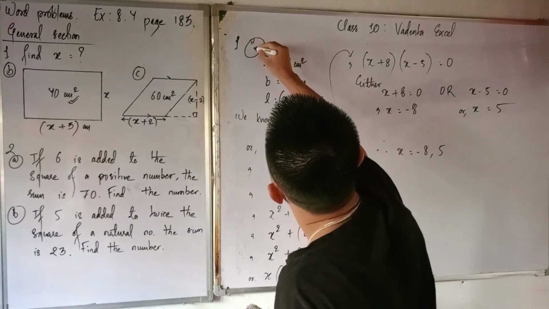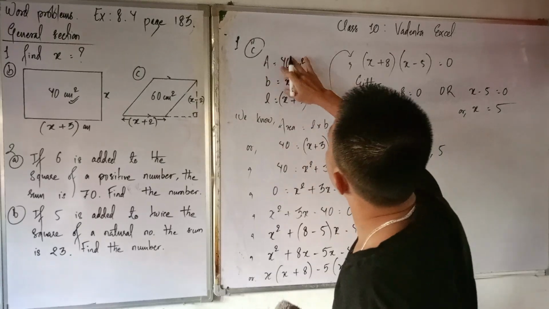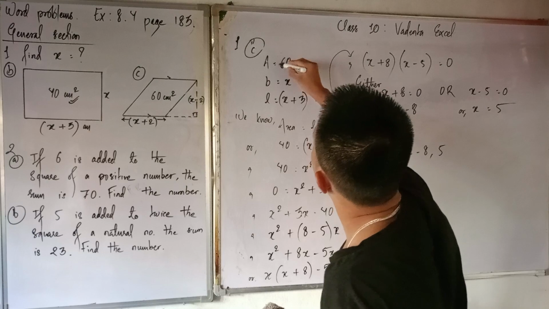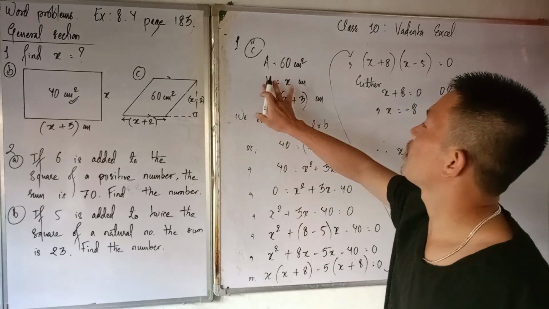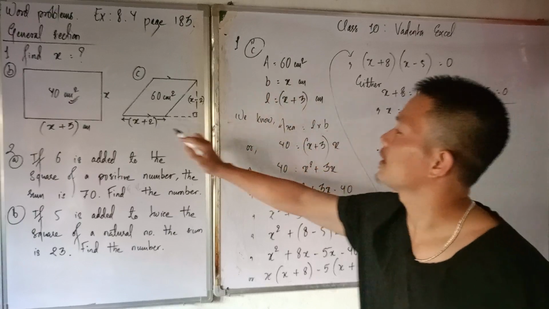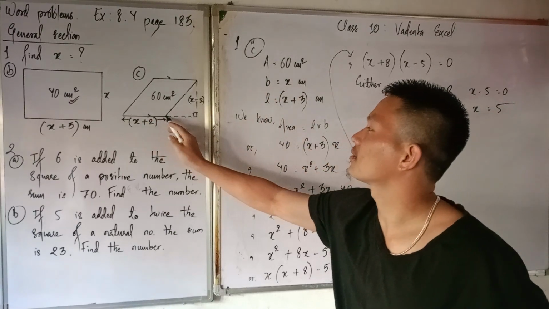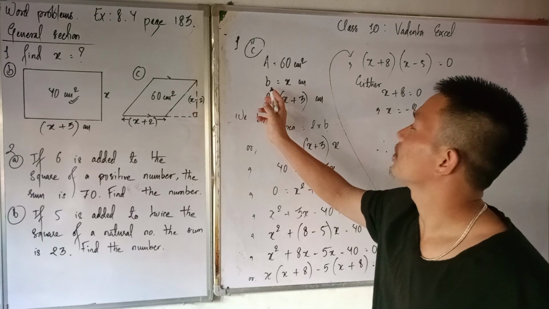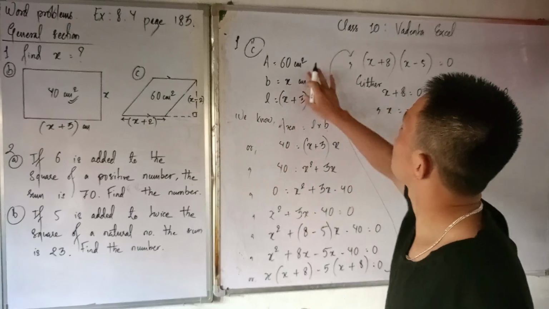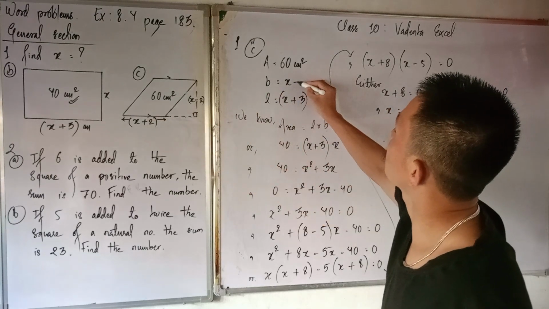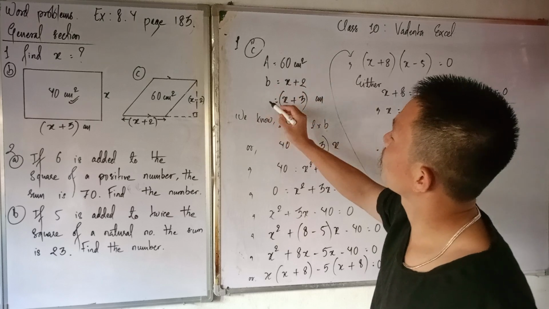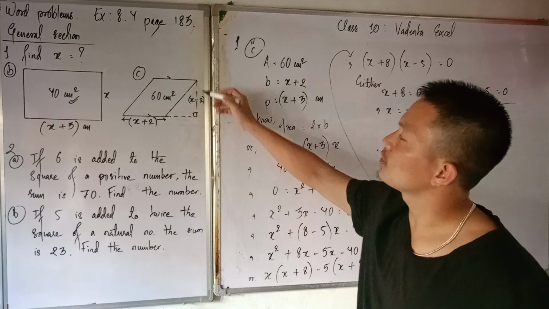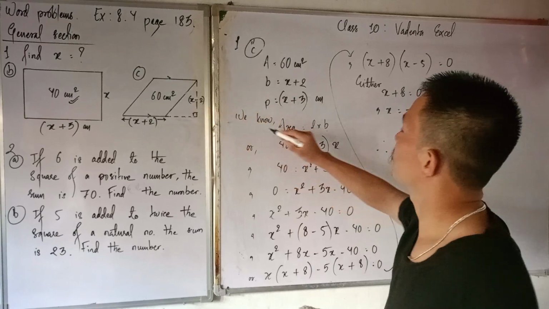Yes, so area 60, and there will not be breadth, there will be base, the length of the base denoted by b. Base x plus 2, you just write x plus 2 here. And perpendicular means which makes 90 degrees.